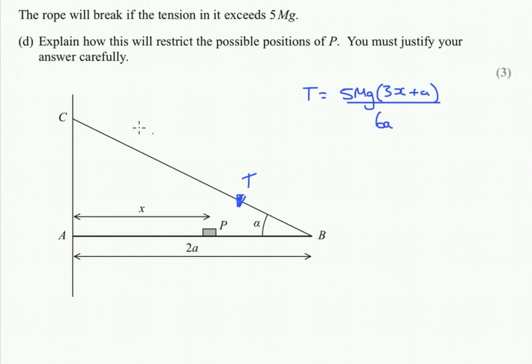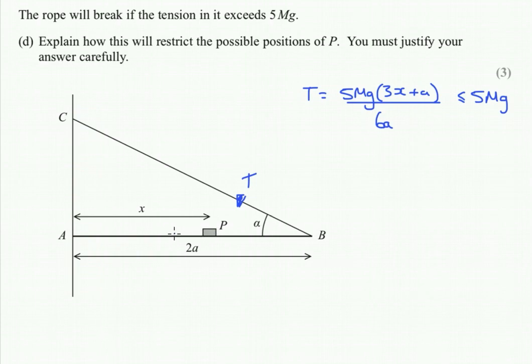Okay, finally it says that the rope will break if the tension exceeds 5 mg. Now we've shown in part A that the tension can be written as this. So this needs to stay less than or equal to 5 mg if the rope isn't to break. P is the point where the little box is.